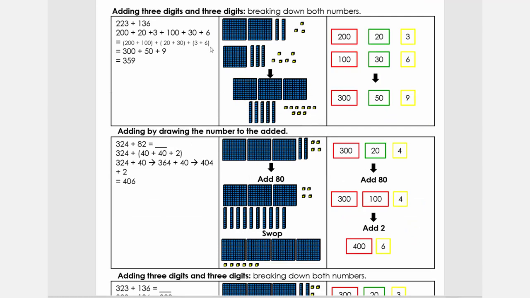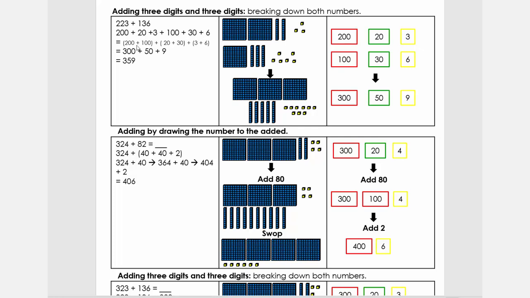Okay, welcome back. So we're going to look at the next example, and again I'm going to explain it from the abstract form, but what's very important is to do it with our base 10 and flashcards. So we've got 223 packed out here, and 136. So we've got 200 plus 20 plus 3, 100 plus 30 plus 6.